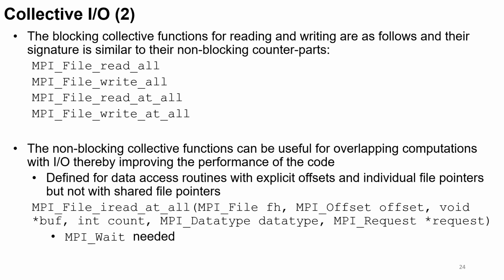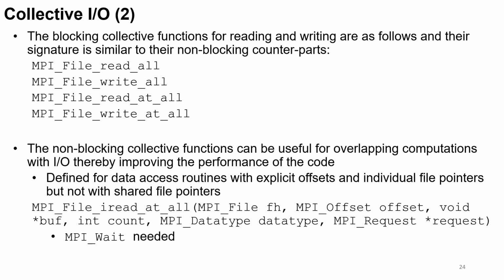MPI supports both blocking collective IO function calls and non-blocking collective IO function calls. Here on the slide, we have some examples of blocking collective IO function calls for reading and writing data in parallel. So we have MPI file read all, MPI file write all, MPI file read at all, and MPI file write at all.